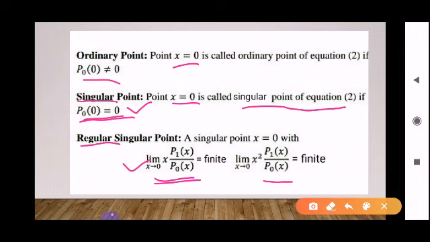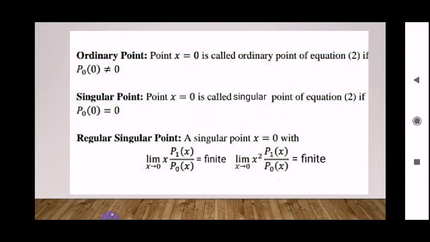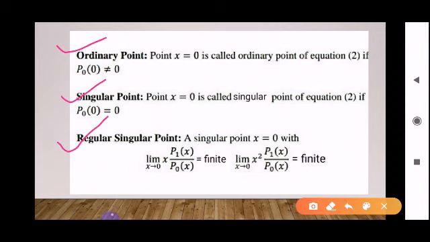If we get these two limits finite and that point is a singular point, then that point is called a regular singular point. Okay, so in the first part we have to find the solution of linear differential equations with variable coefficients at an ordinary point only. Then in the next part we have to find solutions at a singular point and regular singular point by the Frobenius method.